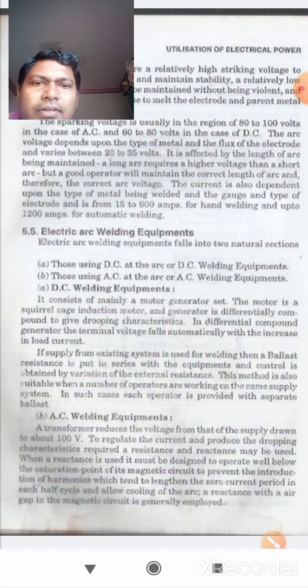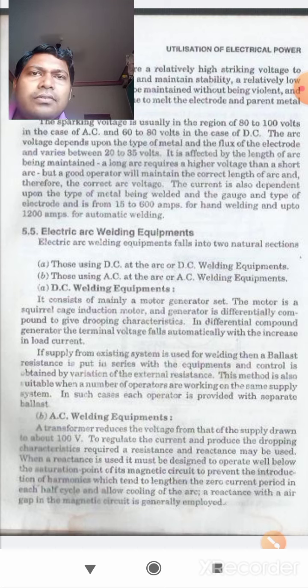Now further students, the reactance must be designed to operate below the saturation point of its magnetic circuit to prevent introduction of harmonics. So here we will use the reactance, and it should be before the saturation point, because if it attains saturation, then harmonics will be introduced. And already we know harmonics are the multiples of your natural frequency.